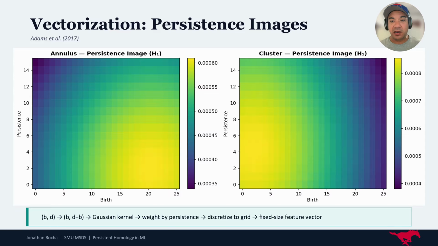Discretize onto a grid. The result is a fixed-size matrix, literally an image, that can feed into any ML pipeline. And crucially, persistence images are stable. Small changes in the diagram produce small changes in the image.